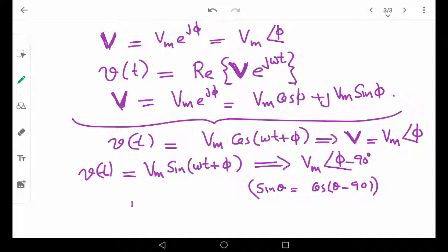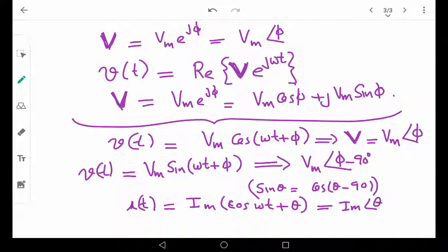Similarly, for a current signal, if it is Im cos(omega t plus theta), you can write it as Im angle theta, right?